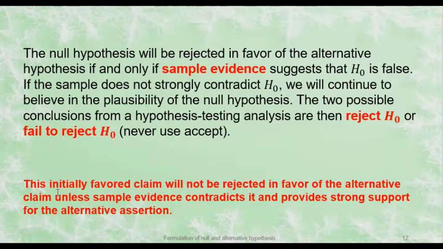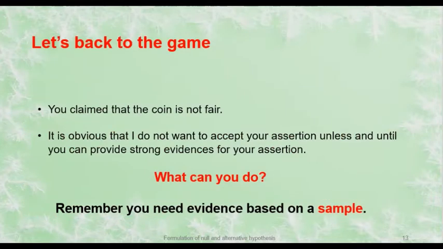So the two possible conclusions from a hypothesis test are reject H0 or fail to reject H0, and we remember we never use accept. Reject H0 or fail to reject H0. Let's go back to the game.